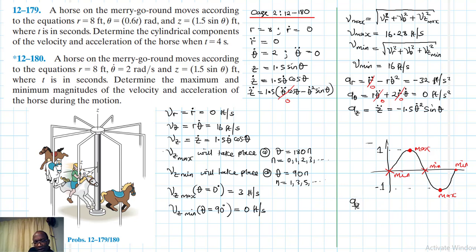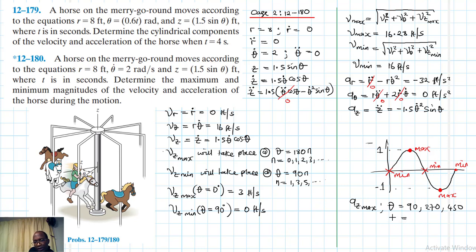Let's look at AZ max. We will look at the angles. So the angles, we are going to have 90. Okay, then this one 270. Then there's always a 180 in between, right? Okay, then 450 and so on.